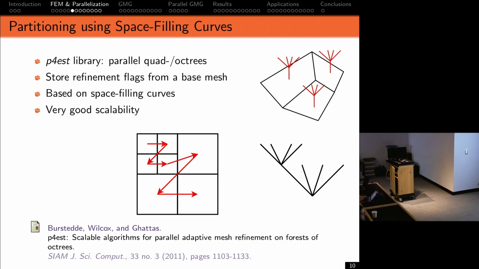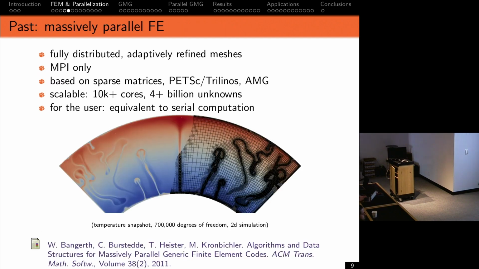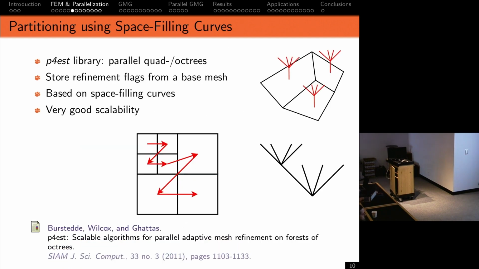We were building on a library, because we need a very fast way to partition this mesh, because we have to split up the work. Each cell is owned by a processor, so I have to do that quickly, every couple of time steps. What we decided to do was build on a library called p4est that came out of the group of Omar Ghattas in Austin a while ago.